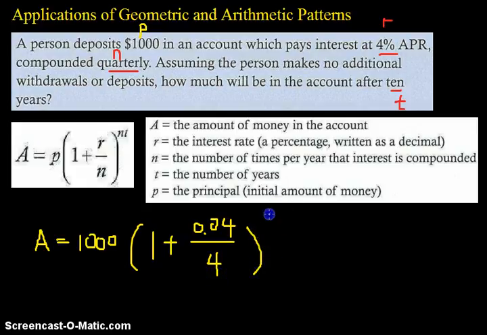And then I have the 4 here, multiplied by the T, which in this case is equal to 10.